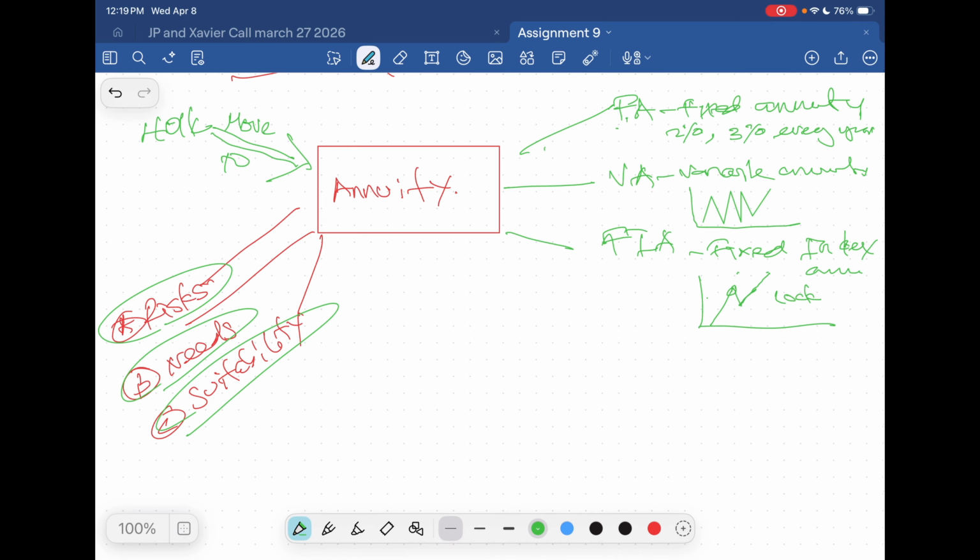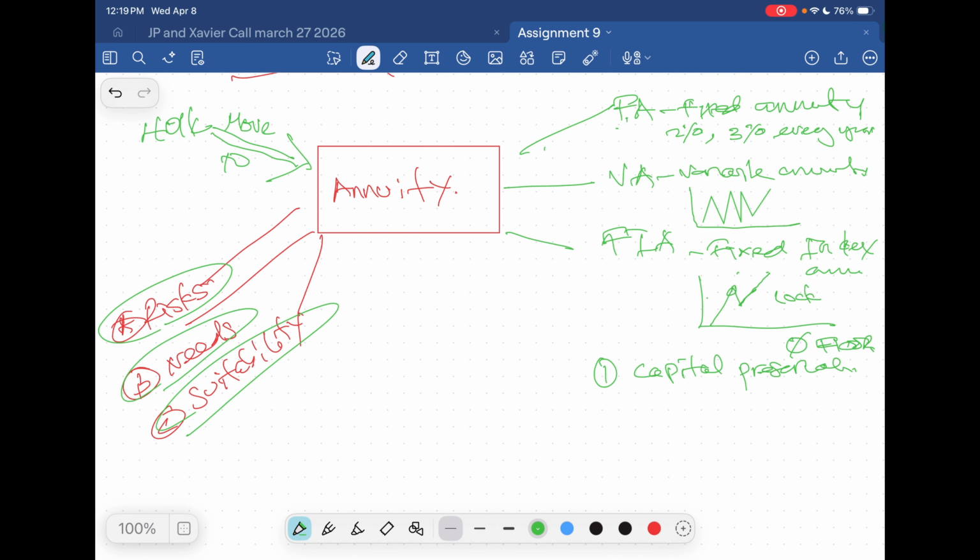Now, let's talk about the biggest thing here, which is really the zero floor. Okay, what does this mean? It's very important. It's called capital preservation. Very, very important. Number one thing. A lot of people retire or plan to retire.